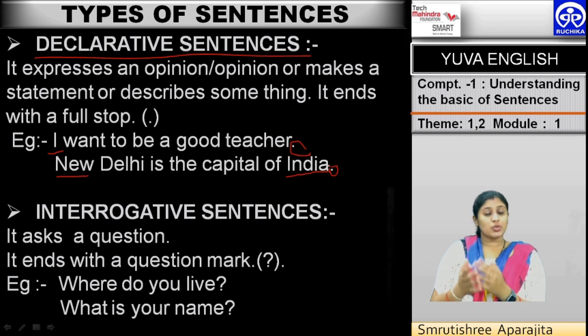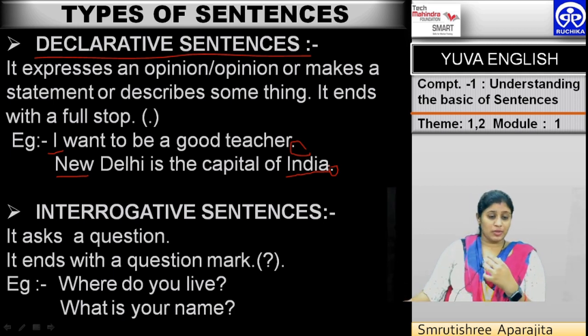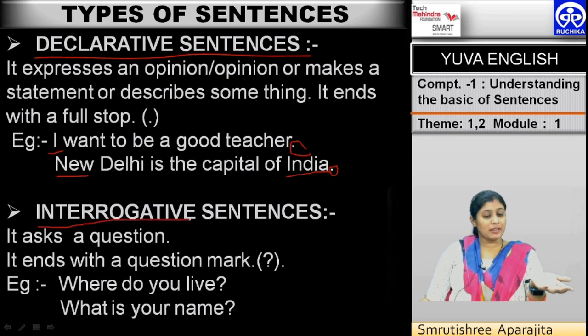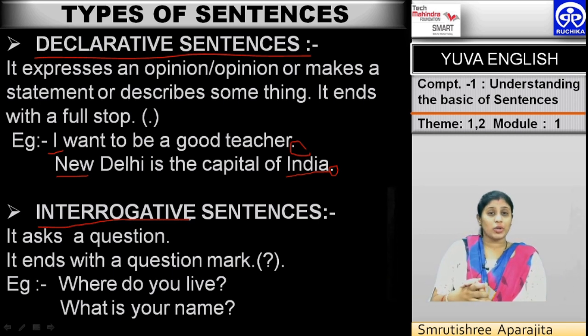Now let's go to the second type of sentence, that is interrogative sentences. What do you mean by interrogative sentence? As you see the term interrogative, this interrogation, the police interrogates the criminal. You must have come across this term interrogative. So what is interrogative? It asks a question.